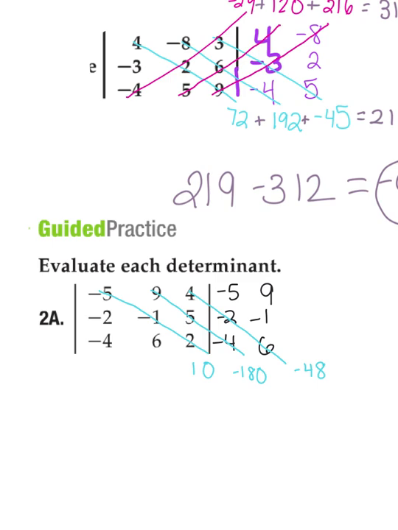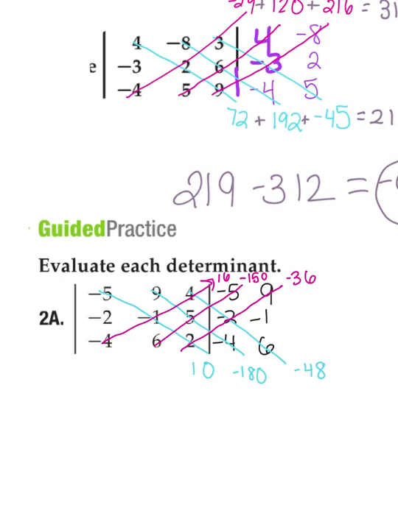Okay? And then for the next one, we're going to start with the bottom left corner and work our way up. Okay? So -4 times -1 times 4 gets us +16. 6 times 5 times -5 is -150. And then 2 times -2 times 9 is going to get us -36.